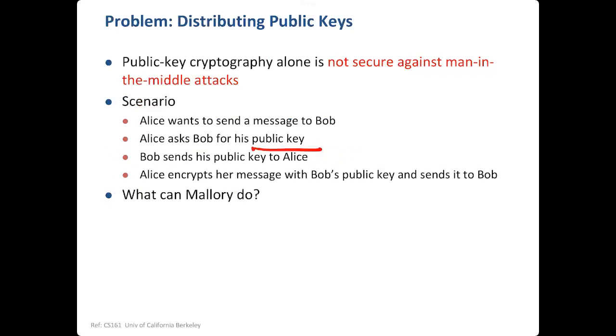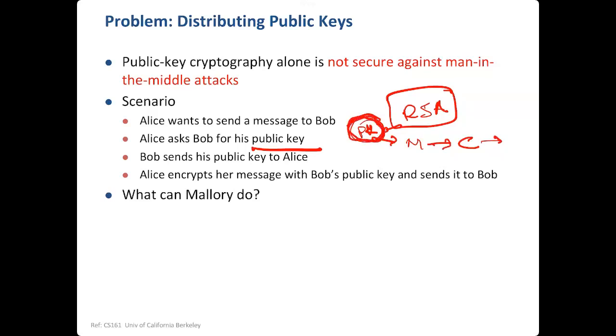Like in the RSA algorithm, Bob sends his public key PK, and Alice uses it to encrypt message M, get ciphertext C, and sends it to Bob, and Bob uses his private key. So this is the mechanism. But this public key of Bob that she uses to encrypt, how does she know it is genuine and not fake?